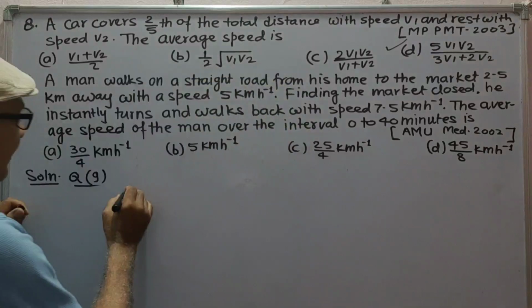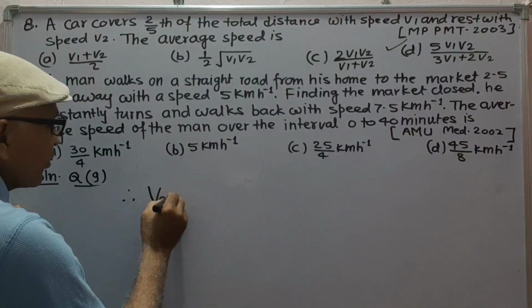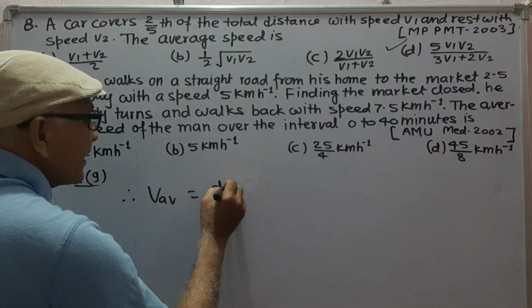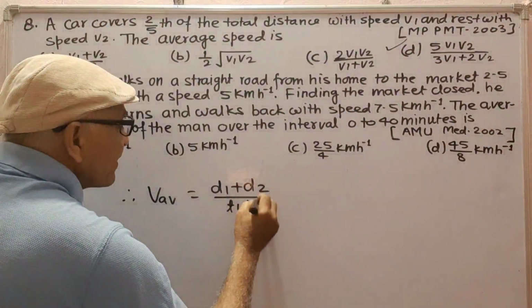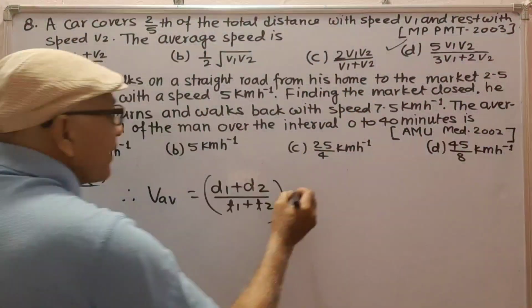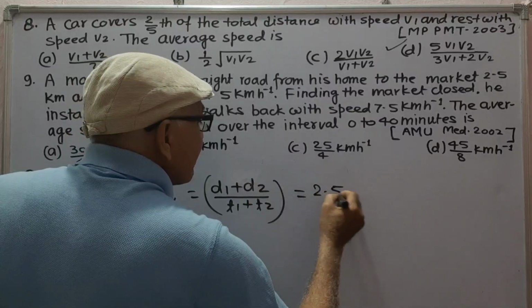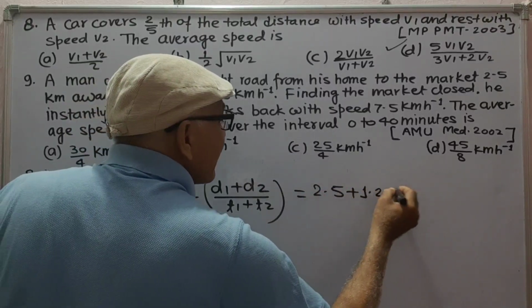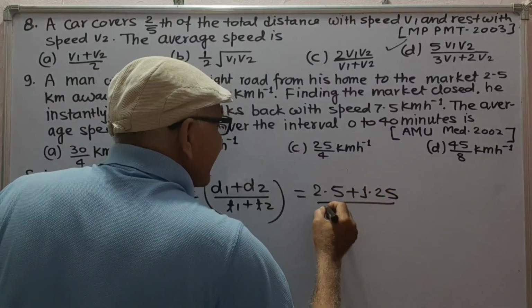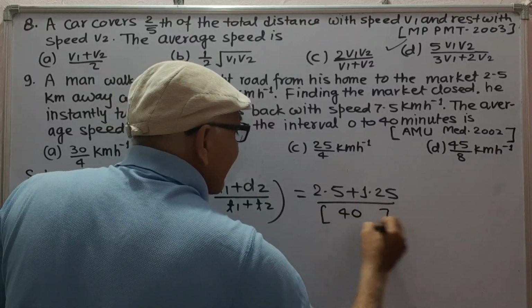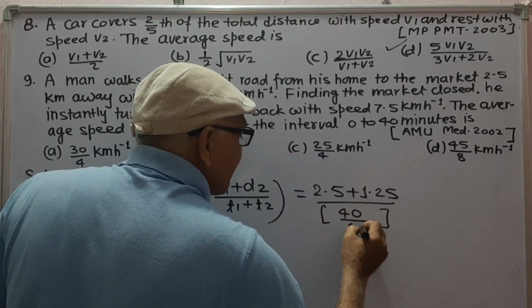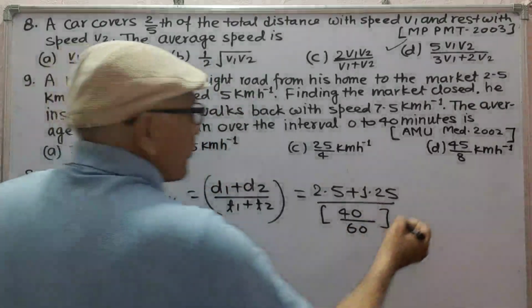km. Therefore, v average will be equal to d1 plus d2 upon t1 plus t2. d1 is 2.5, d2 is 1.25, t1 plus t2 is 40 minutes converted into hour, 40 upon 60 hours.